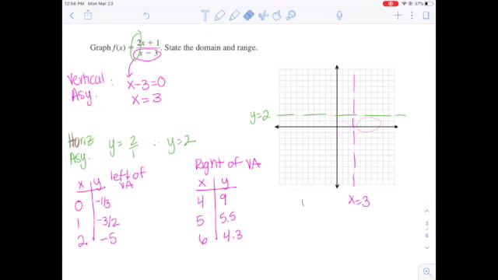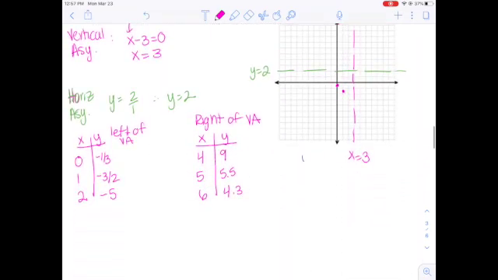So just plot it at this point. I'll erase my little bubbles. 0, negative 1/3. 1, negative 3/2. 2, negative 5.